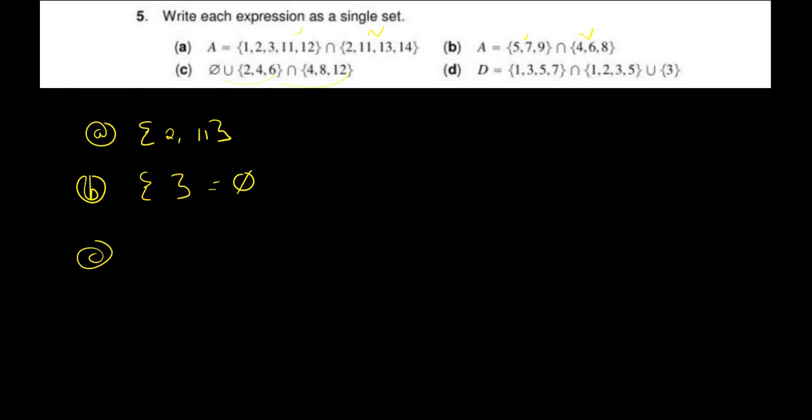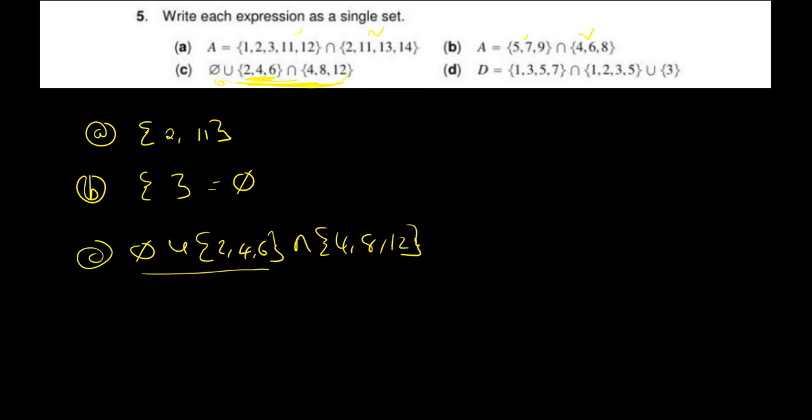So I'm saying empty set union 2, 4, 6, intersection 4, 8, 12. Uniting the empty set with this still gives us 2, 4, 6.